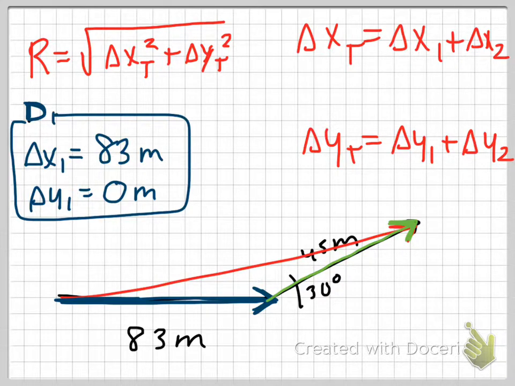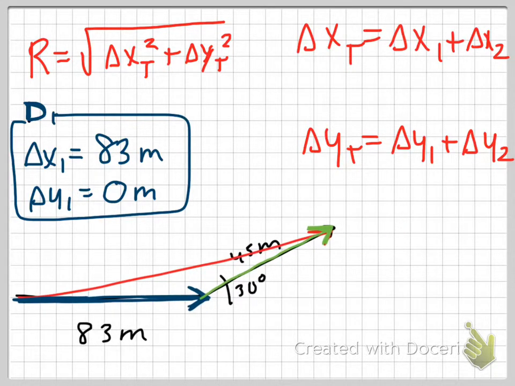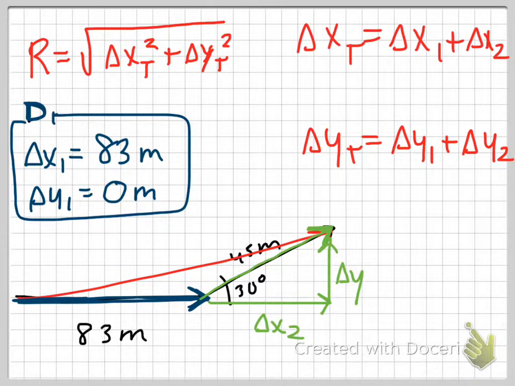Now for, move this over a little bit. Now for the second displacement. So I have delta x2, delta y2. I'm going to write here d2.